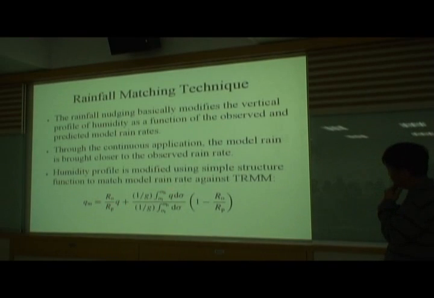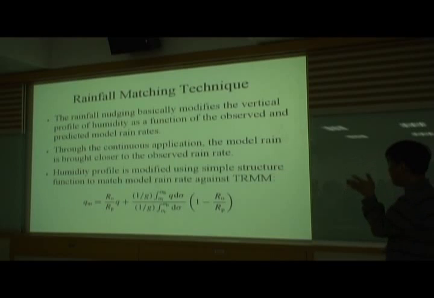And then this equation says that the current humidity is modified like this. When the observed rainfall is larger than the model predicted, then humidity is increased vertically. But this is a cloud bottom and cloud top.